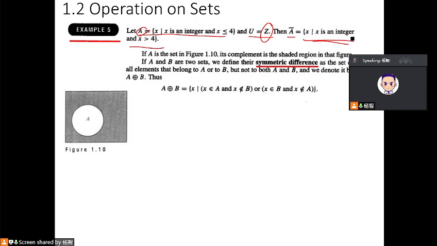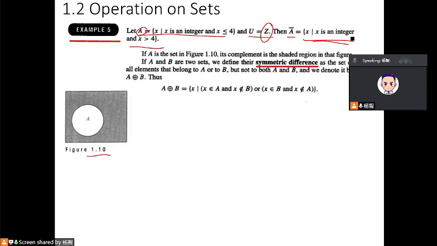Okay, look at the next paragraph. If A is the set of figure 1.10, its complement is the shaded region of that figure. We have taught this before. If A and B are two sets, we define their symmetric difference.